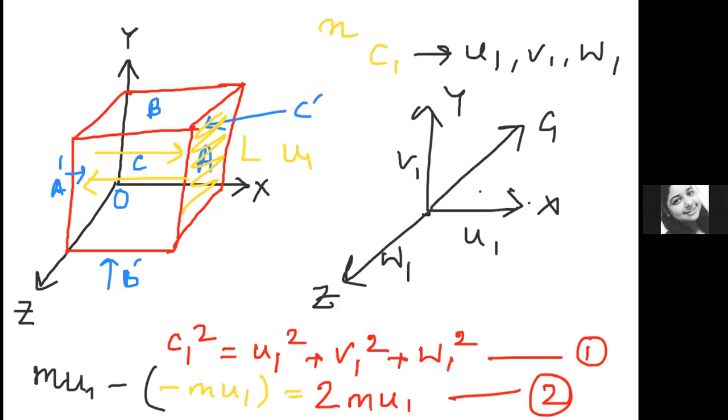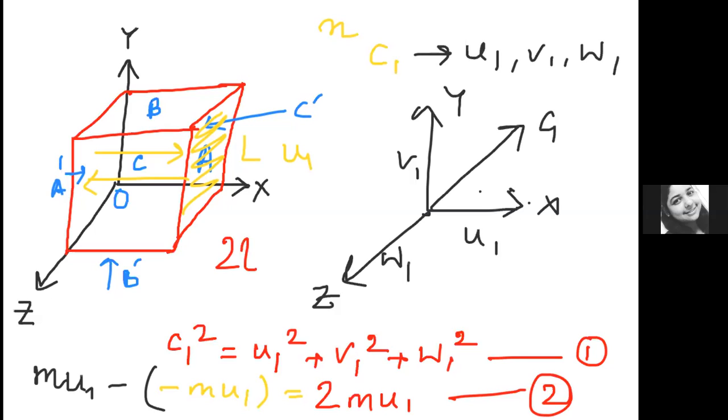I think you're able to follow. It is moving in this direction, and then it rebounds back with the same velocity in the backward direction, hence the negative sign arrives. So the molecule now travels from A to A prime, strikes A prime and travels back to A again after covering a distance of how much? Yes, 2L.